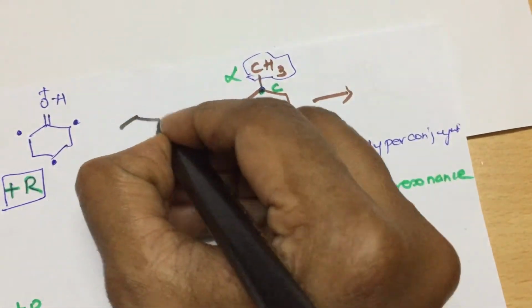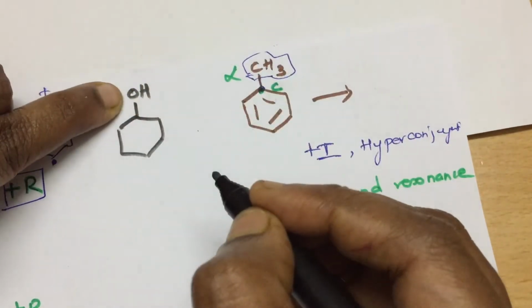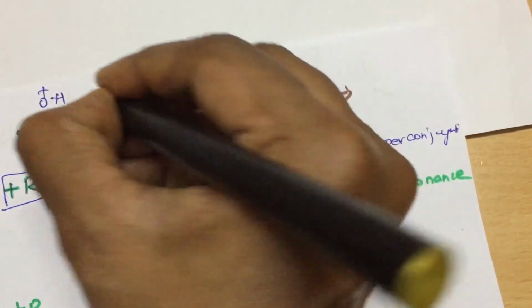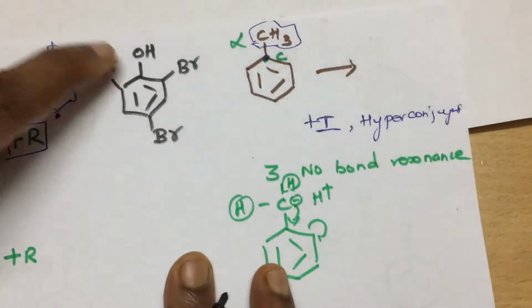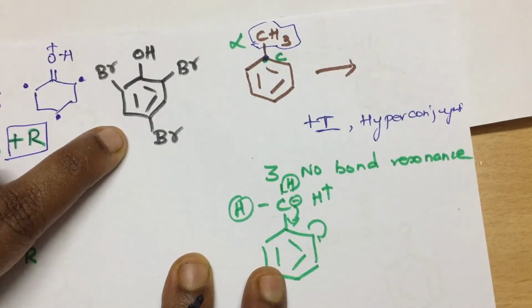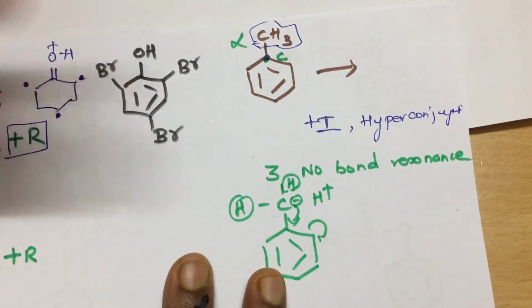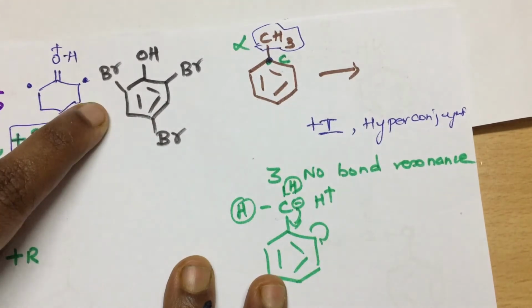What is the product you are going to get? All the 3 products, but it will happen only in the case of hydroxyl and an amino group. It will make the benzene electron rich. It will give electrons abundantly and make all three sides dense in electrons, and you will get a tribromo product.